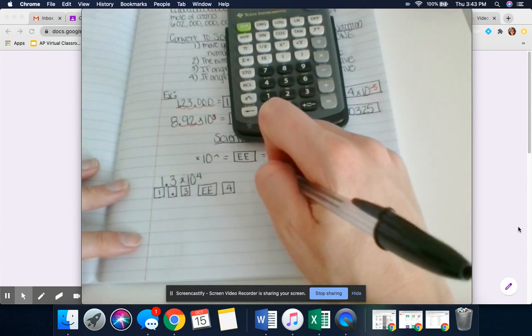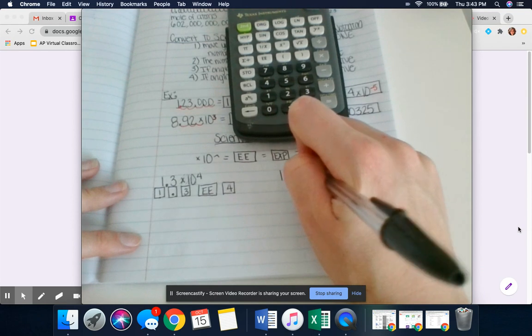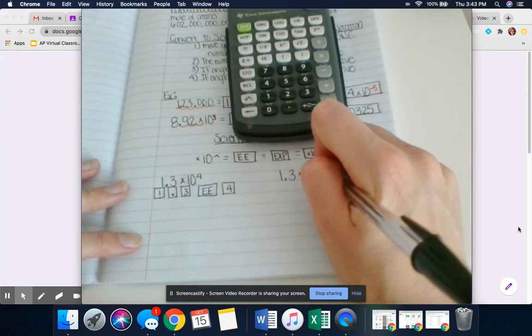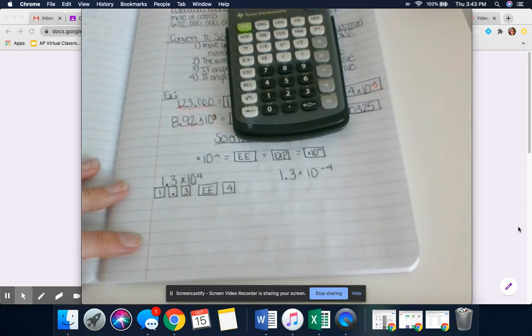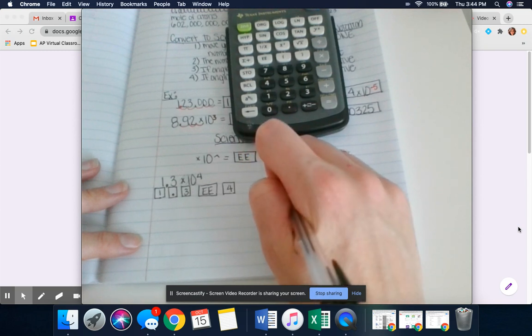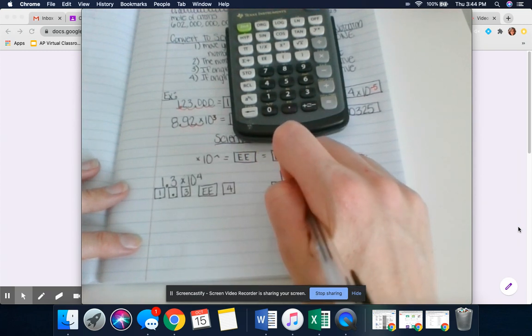Another thing I want to point out to you guys as well is if you had something like 1.3 times 10 to the negative fourth, then it's really important that you're typing a negative button and not the subtraction button. So in this case, we're going to type the button 1, the button dot, the button 3.